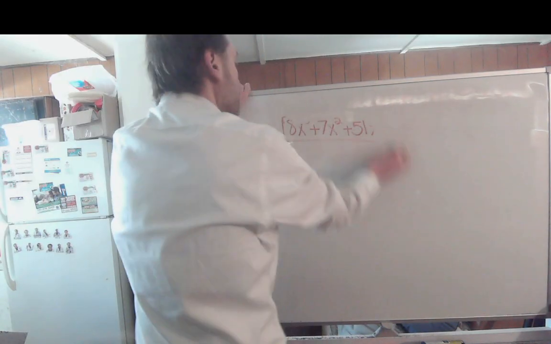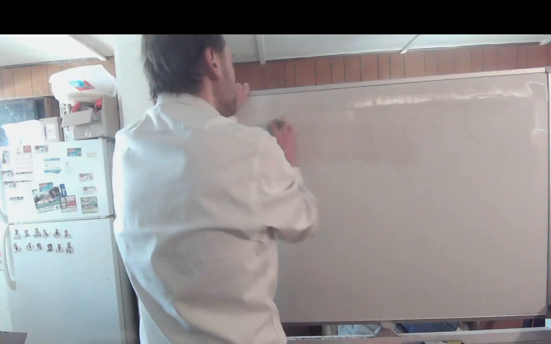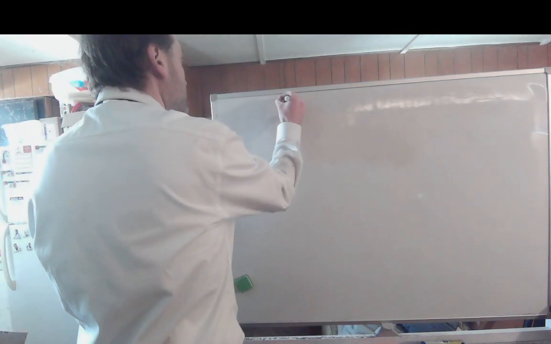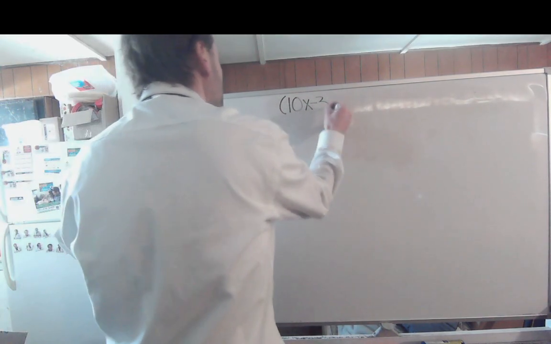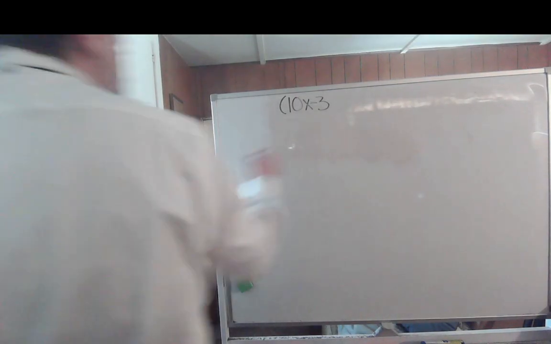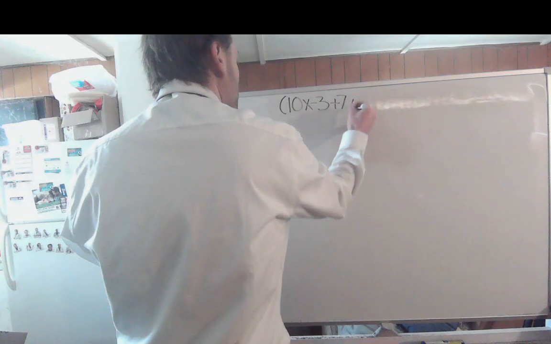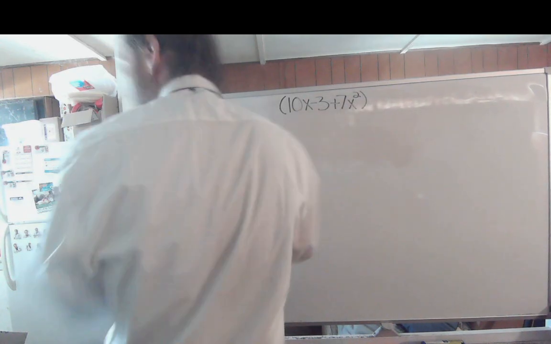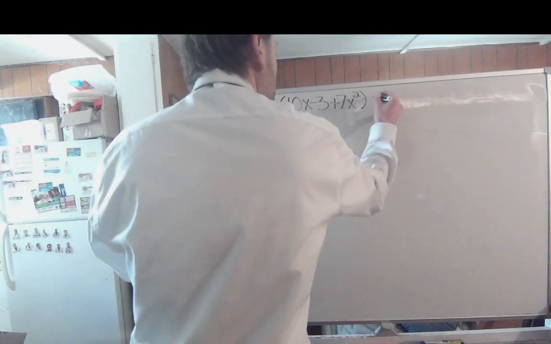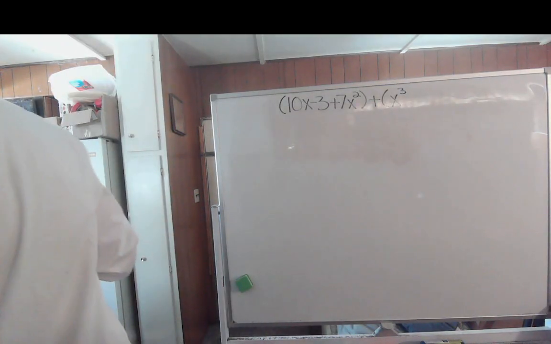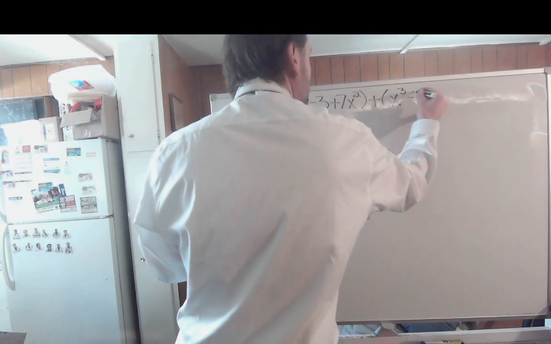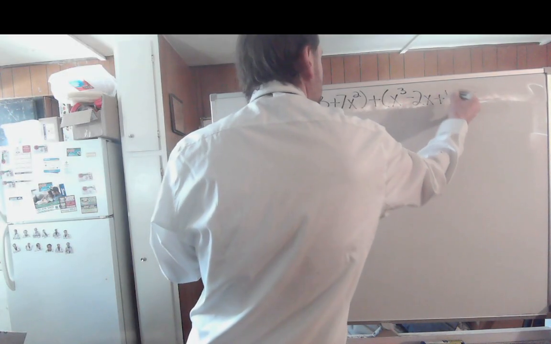I have about 2 more, then we're done. Let's see. 10x minus 3 plus 7x squared plus the quantity of x to the third minus 2x plus 17.